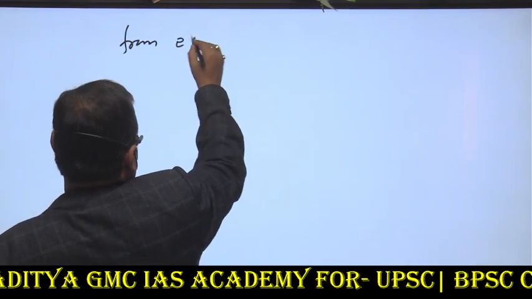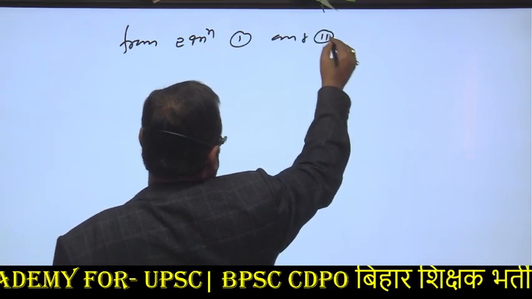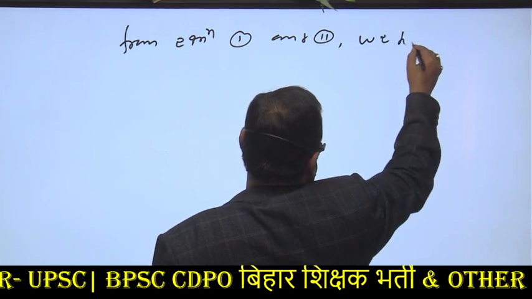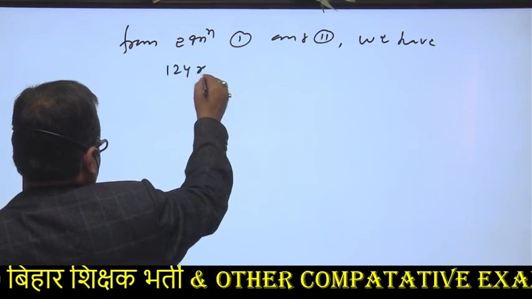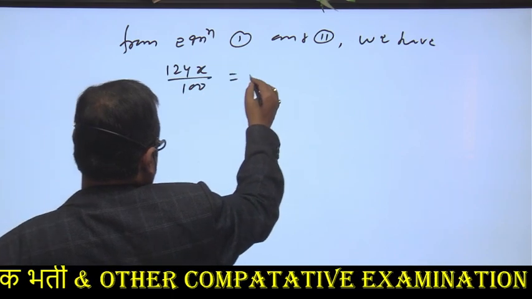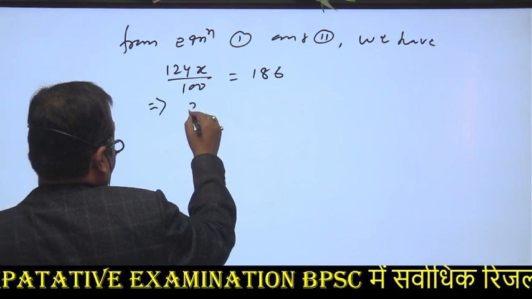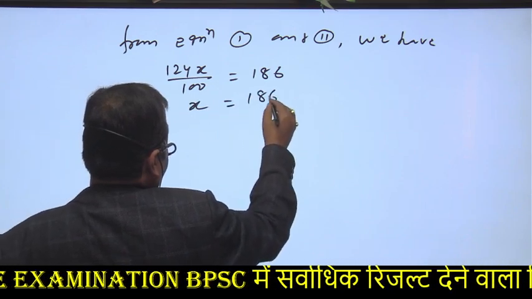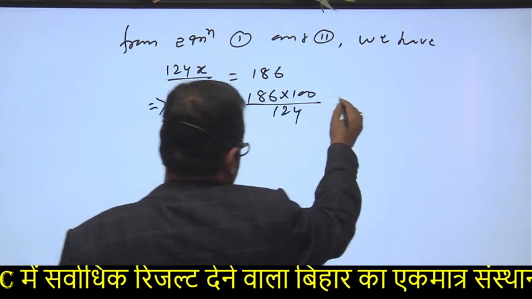From equation 1 and 2 we have 124x upon 100 equals 186, or x equals 186 into 100 divided by 124.